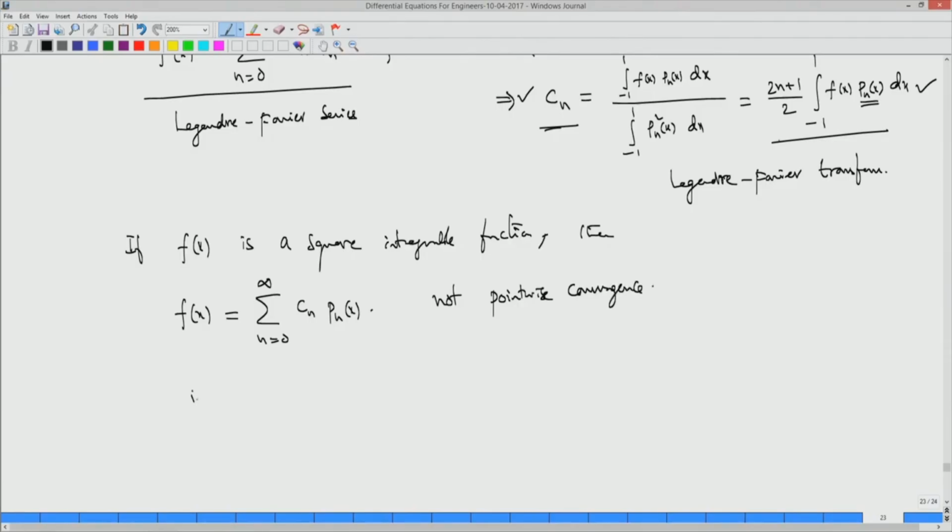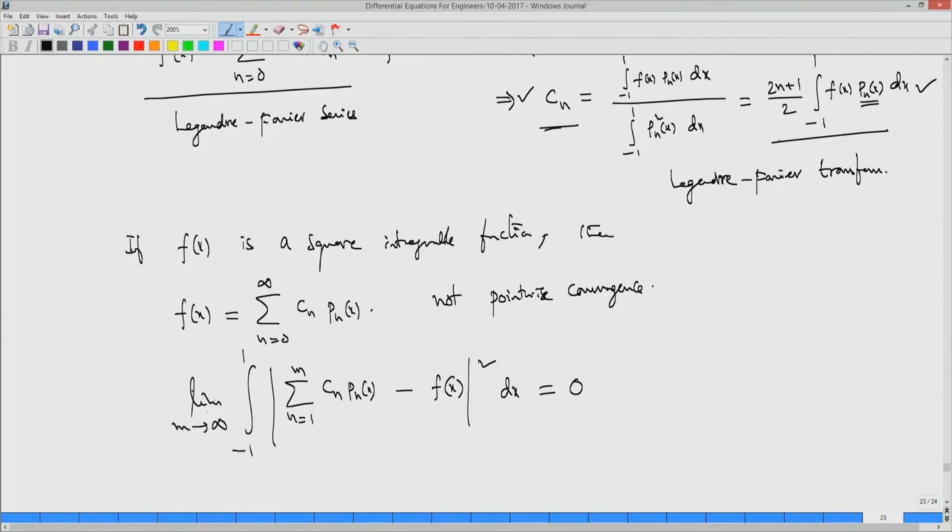That means I take the sum n from 1 to m of Cn Pn of x minus f(x), and you integrate from minus 1 to 1 the square, dx, and this goes to 0 as m goes to infinity.